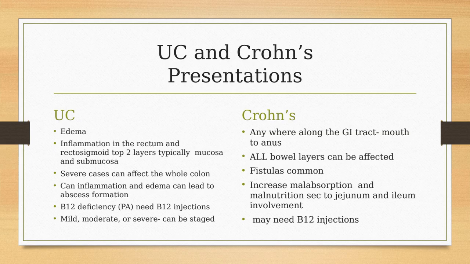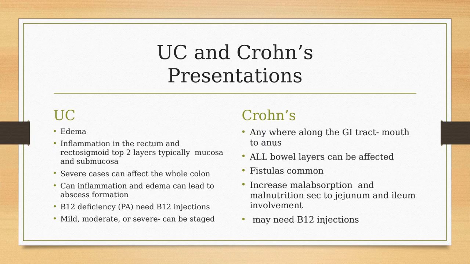Presentations of Crohn's can be anywhere along the GI tract, mouth to anus, any part of the bowel. You'll hear the words small intestine and small bowel; those are your small intestine. So you have different lingo, different language. Make sure you're able to clearly understand the difference.